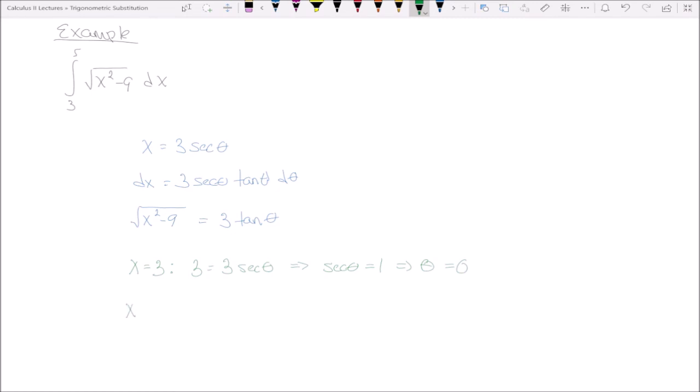Now, if x is equal to 5, this means that 5 is 3 secant of theta, which means secant theta is 5 over 3. And so theta would be inverse secant of 5 over 3.